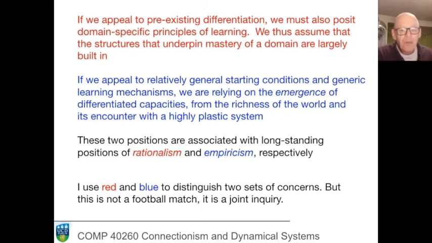Against this, empiricists draw attention to the complexity of the world and the unformedness of the child, and suggest that the differentiation that undoubtedly occurs emerges from the interaction of a highly plastic system in the child, that is a system which is capable of being formed in very many ways, with the specificities of the world.